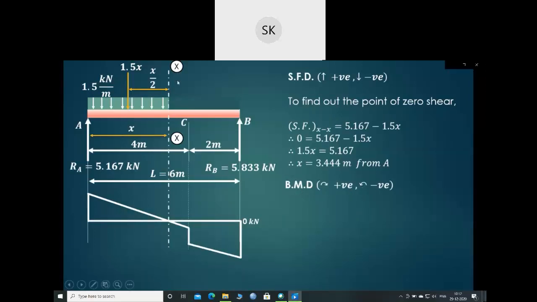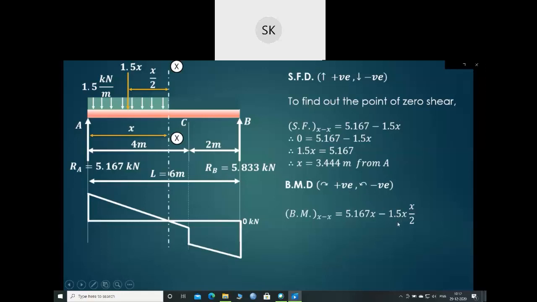So consider all the forces on the left hand side of XX. RA, which is acting in the upward direction, will produce clockwise moment about this XX, so it is 5.167 into X. Now this 1.5 into X will produce anti-clockwise moment about XX, so 1.5 into X, and the perpendicular distance is X by 2. That we have written over here.